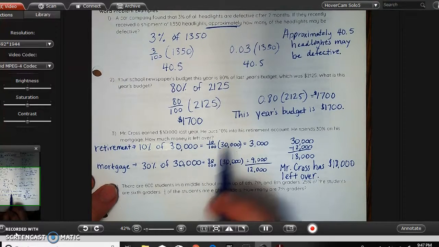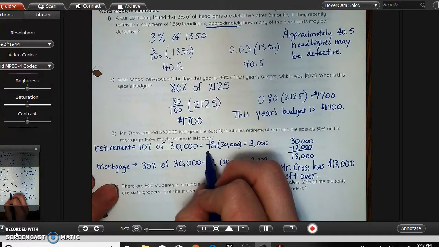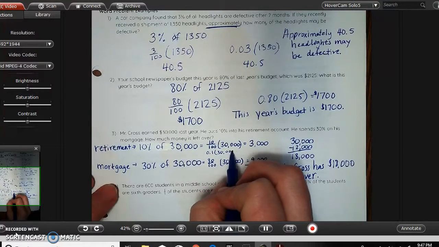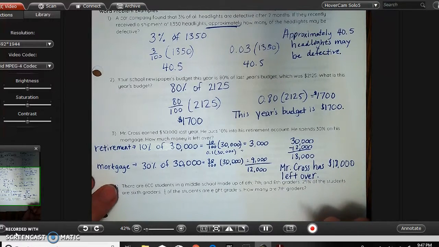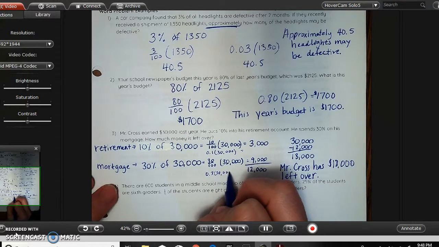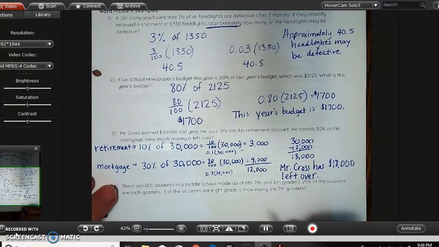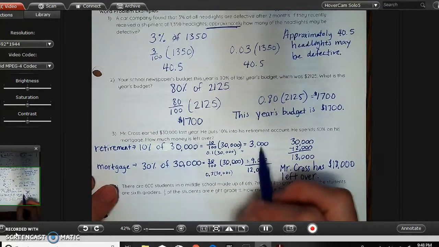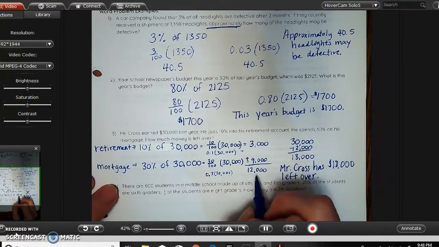And so my decimal would have been 0.1 times 30,000. Now you could have also done that mentally, because we just did mental math on Friday, and you should know how to find 10% and then find 30. Because you find 10% and then you multiply it by 3. When I add those two together, I get $12,000 that he has spent so far.